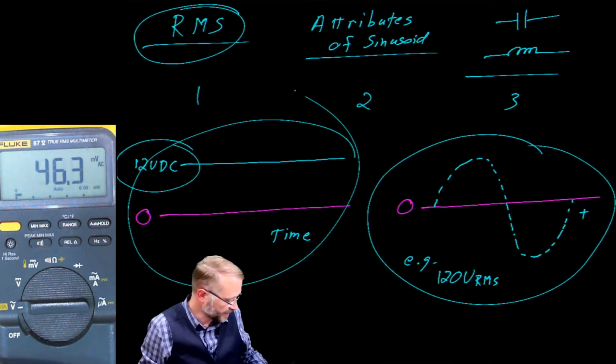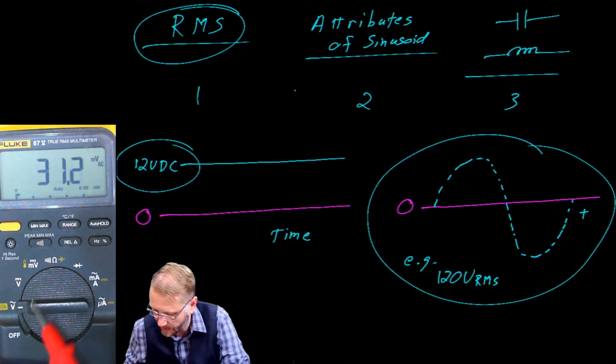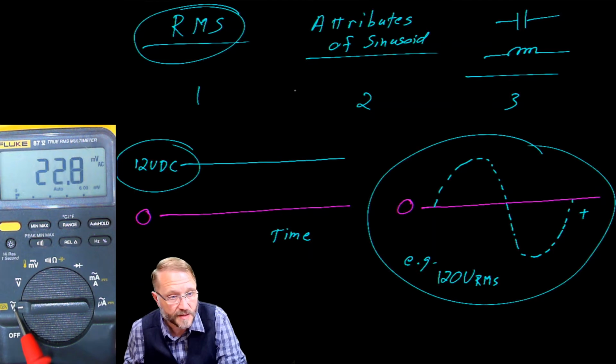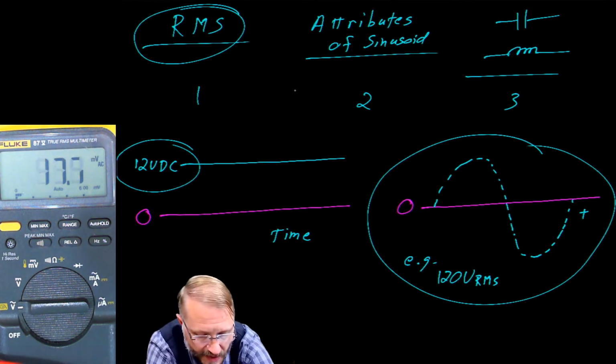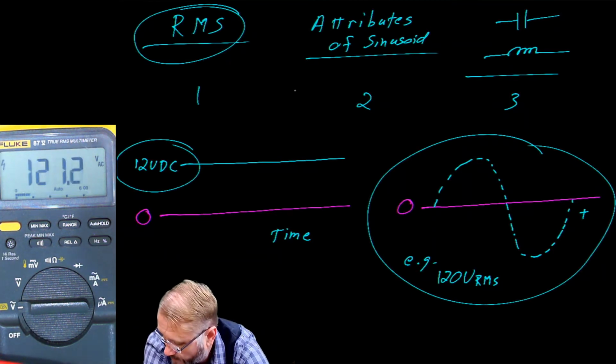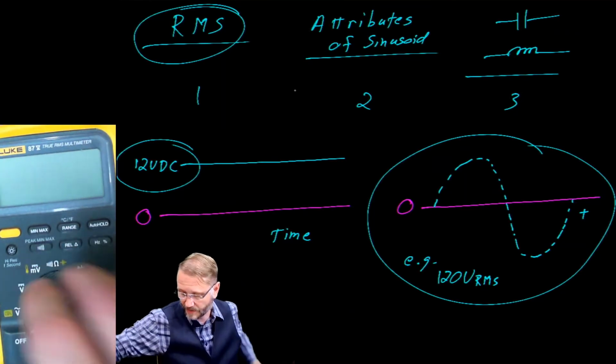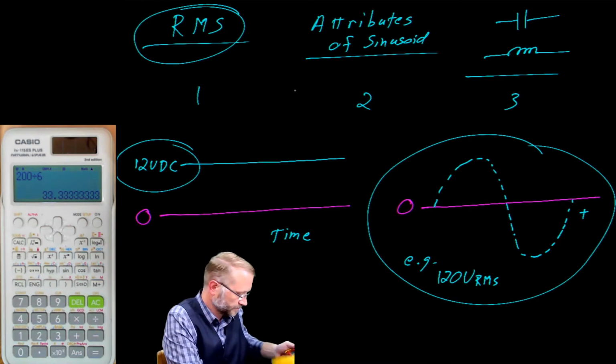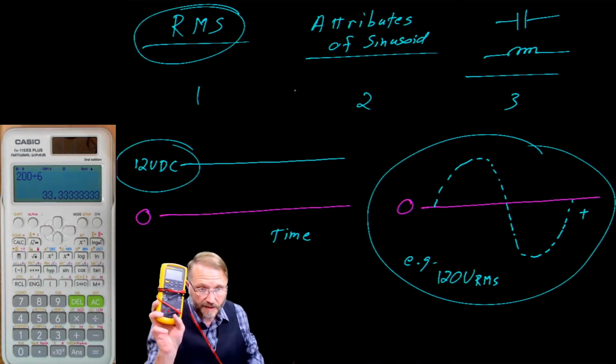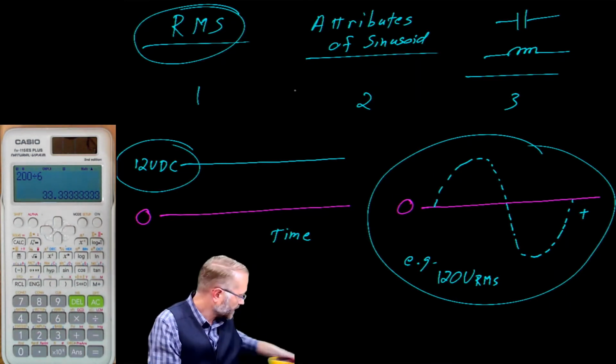That looks like the double bar. You can't measure AC unless you're in the AC setting. So there you go. There's AC. Let's try this again, and we should see, there we go. 121 volts is the line voltage in my house right now. And again, that's RMS because this is a true RMS meter.